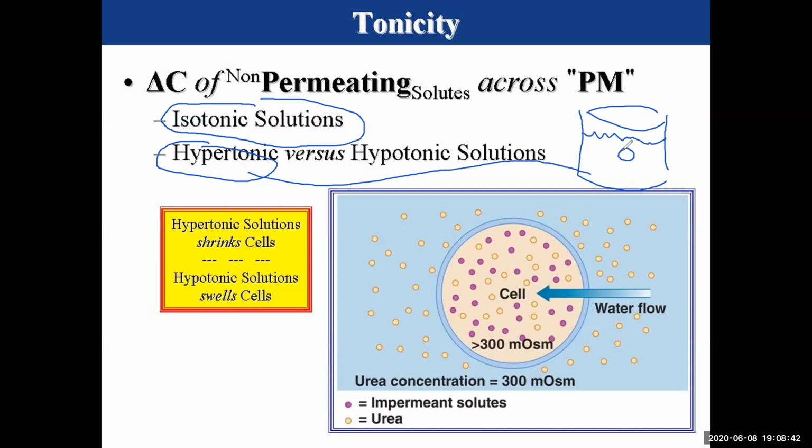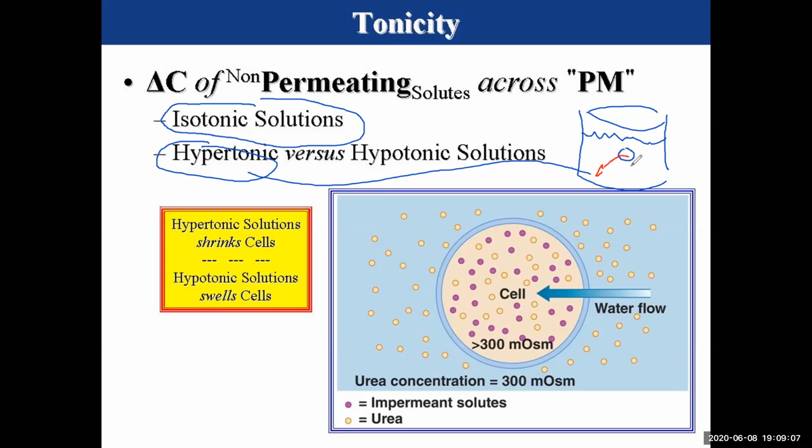What's going to happen is the cell will lose the water. Water will move out. Wherever salt goes, water follows. So in that case, the cell will shrink. So if you put the cell in a hypertonic solution, the cell will lose water. Water will leave the cell, go into this extracellular solution.